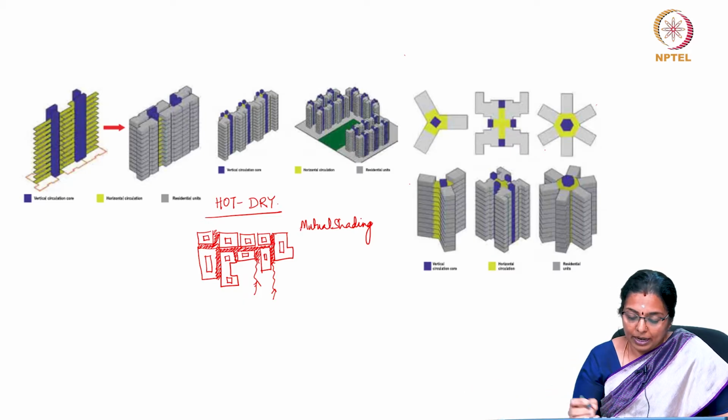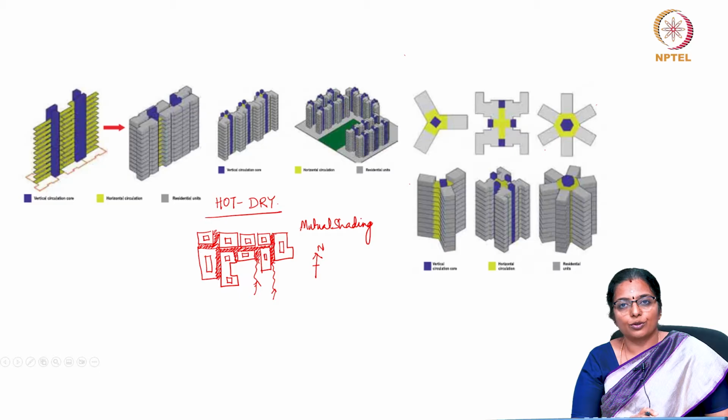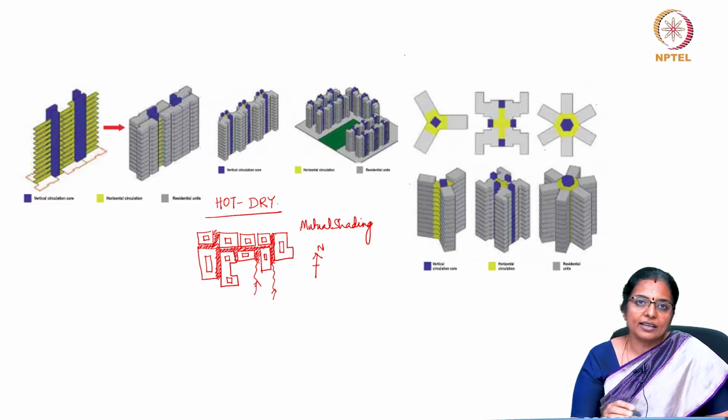And considering, say, if this is the north, then this is how the planning should be for a hot dry climate. Now let us look at the exact opposite of this, which is a warm humid climate.